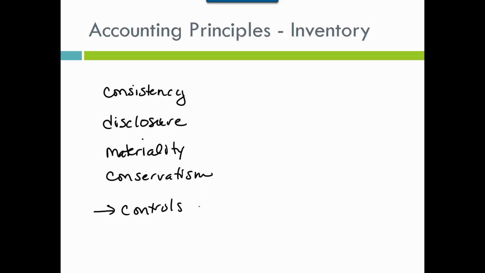But that includes having documentation to follow up with this for your purchases, for your sales, having things like that, protecting your inventory from damage or theft, or it might just be proper training so that stuff doesn't get damaged. But having controls in place to protect us in the process, and we will talk about that more in Chapter 8.